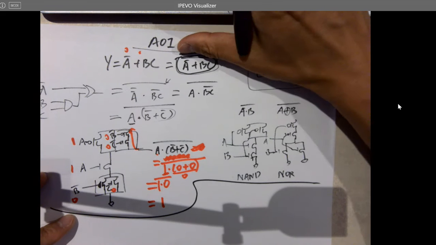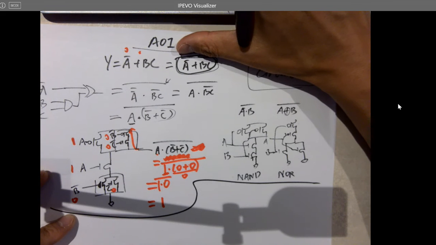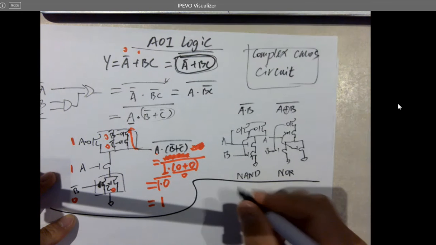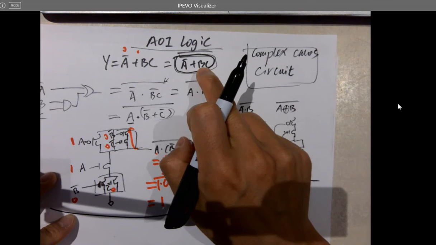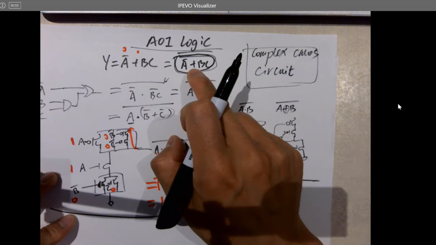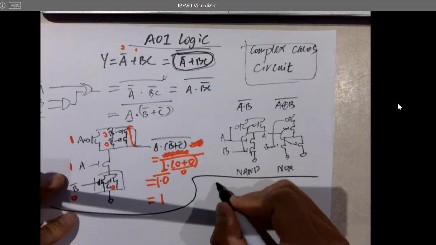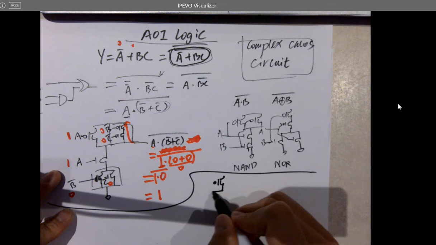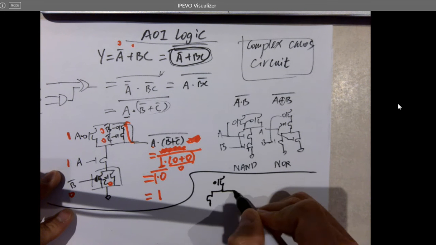So first ignore the bar on the top. This is where I'm going to invert it eventually. But just look at this part. It's a NOR gate, right? Then you need an A bar on the top and NAND gate, these two guys in parallel.